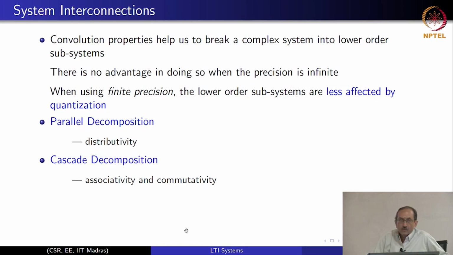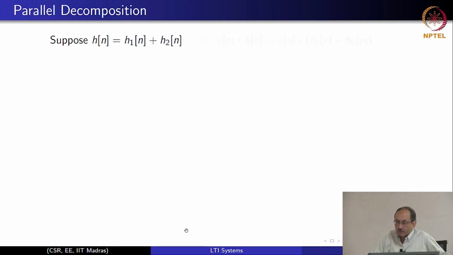Okay, so in practice, higher order systems are typically broken down into first and second order systems, and this is where we come up with parallel and cascade decomposition, and these properties of convolution are indeed used here. So let us look at parallel decomposition first. Suppose you have h of n, if it is represented as h1 plus h2, so this is the higher order system.